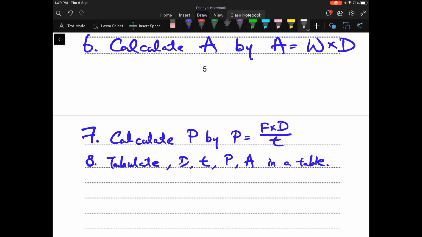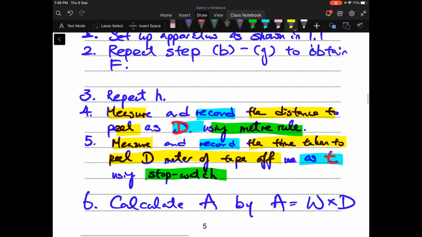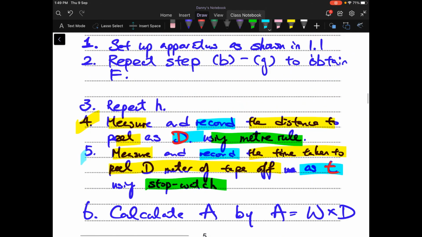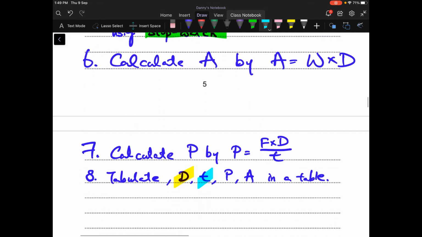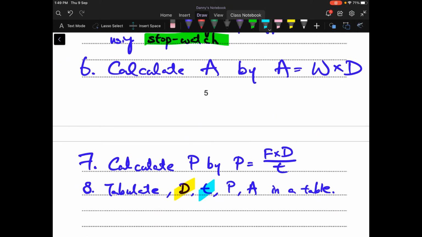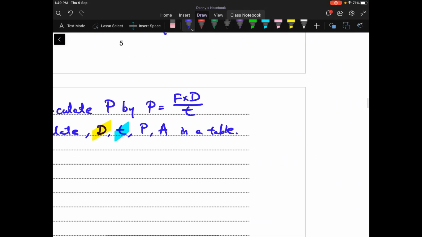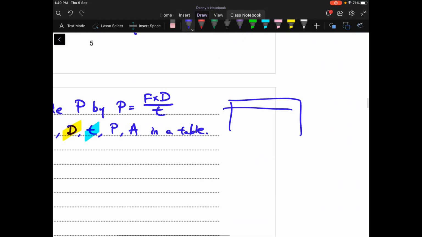So just to check, do I have a step to find D? I do, right? Do I have a step to find T? I do. Do I have the steps to find P and A? I do, right?